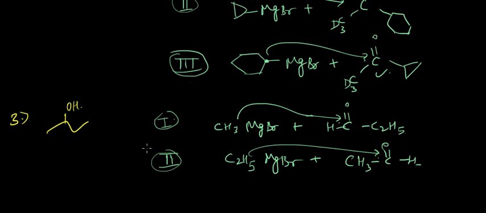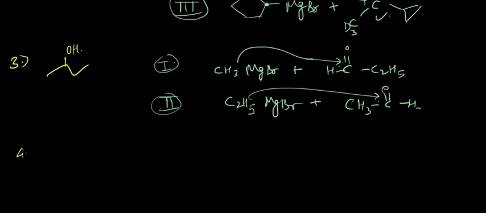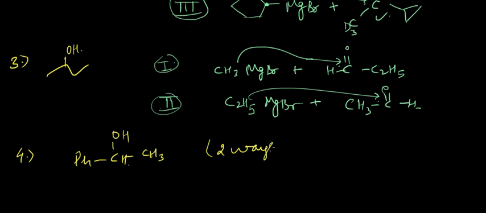Okay, let's look at the fourth compound. How can we prepare this? So how many ways would there be? Again two ways. Why?